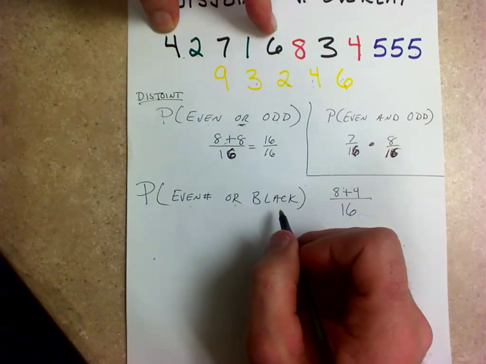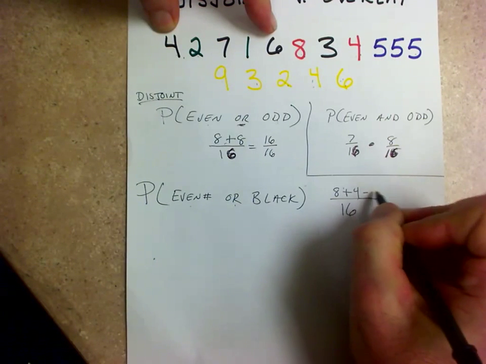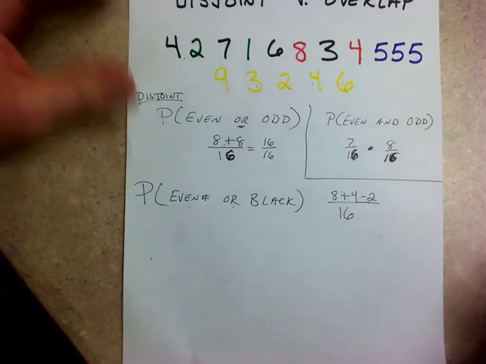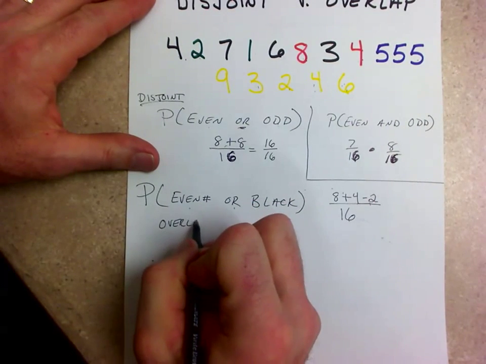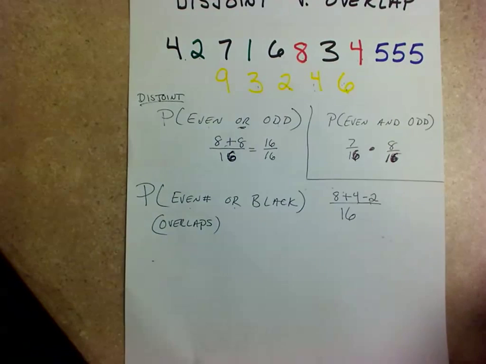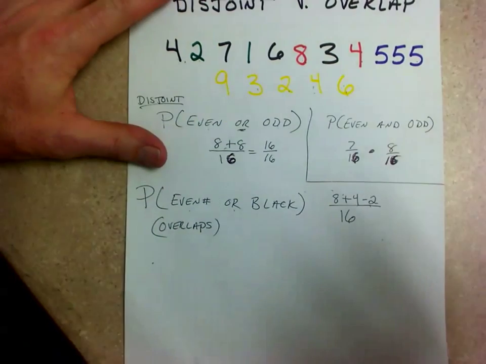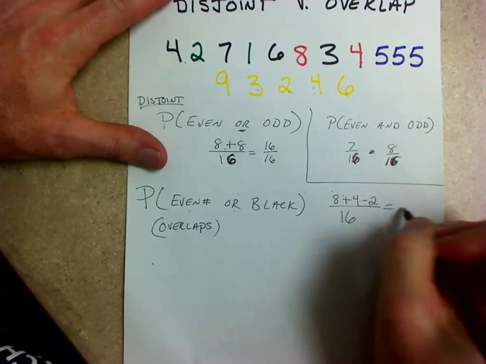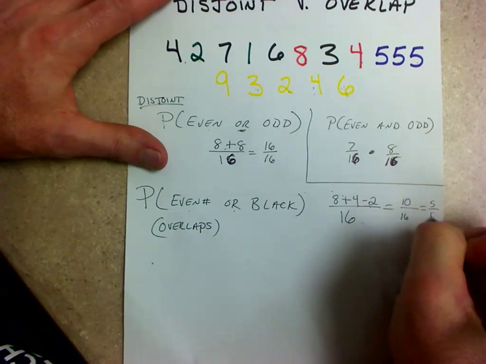So the 4 and the 6 landed in both categories. They were counted twice, which we don't want to do. So we need to subtract 2 here because we have 2 overlap. All right, this is an example of an overlap question where some items fall into both categories and we don't want to count them twice. So we really end up with 10 out of 16 here, which simplifies down to 5/8.